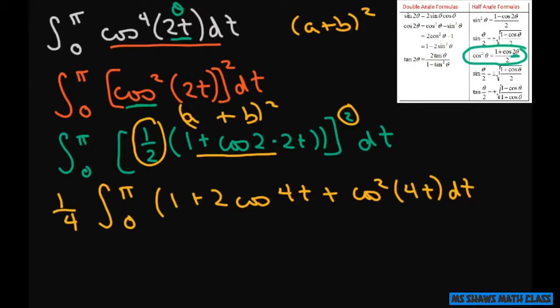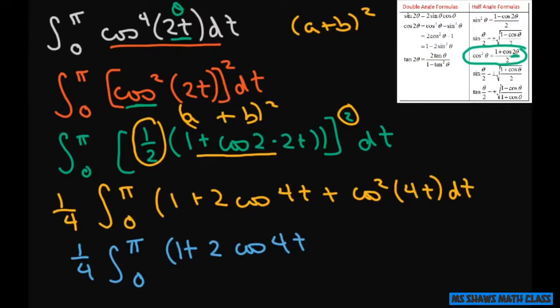All right, now I can further arrange this as 1/4 times the integral from 0 to pi of 1 plus 2 cosine 4t.